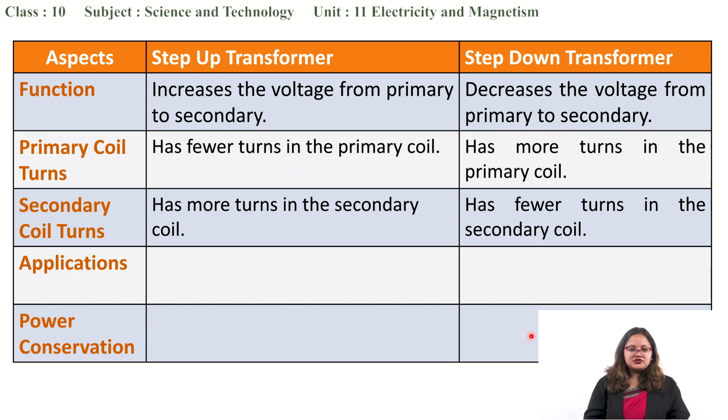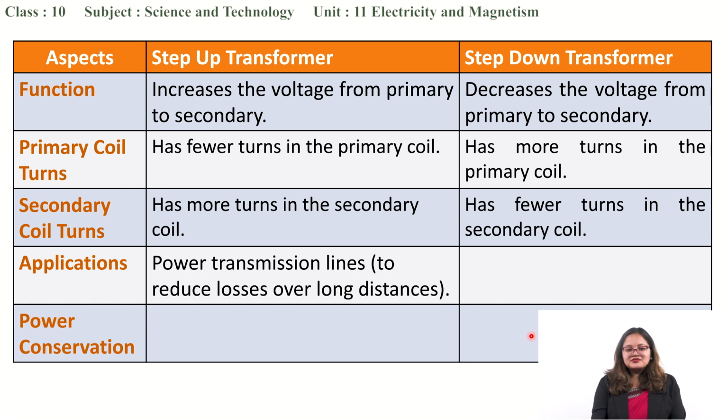So in application, as we have looked at the diagram earlier as well, step up transformer can be seen in power transmission for high voltage, using high voltage transmission lines, and it is used to reduce loss over long distances.